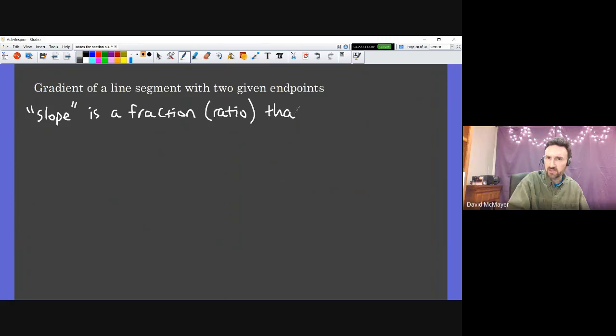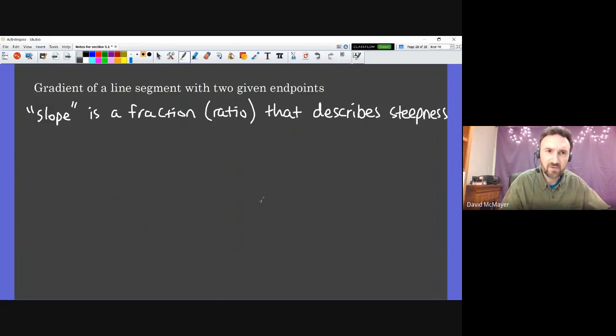So I'm going to say it's the fraction that describes steepness. And let me explain what I mean here. Some people, when they talk about slope, they talk about rise over run. So I hear that phrase a lot.